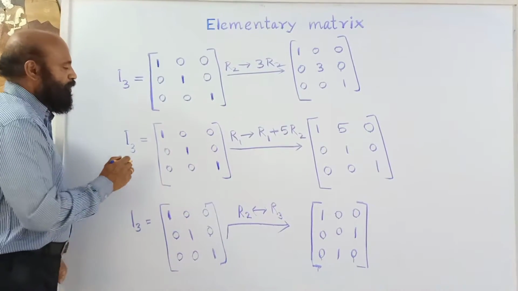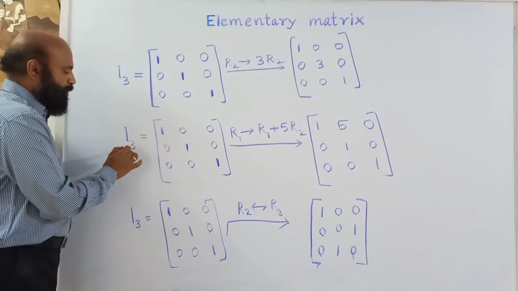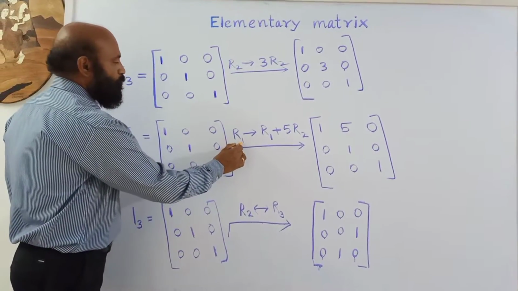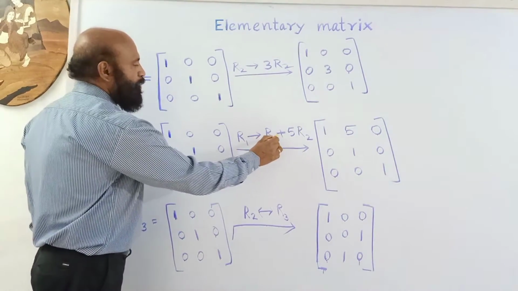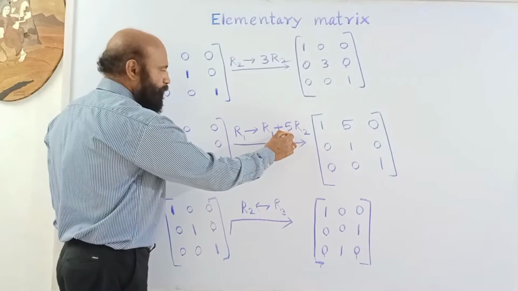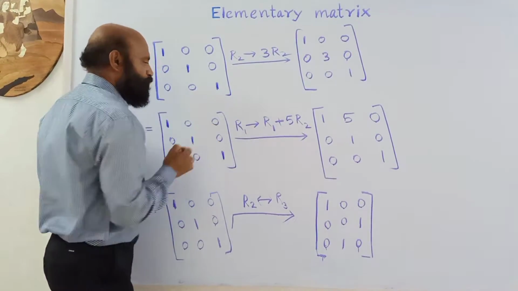Another example. So this is also an identity matrix of order 3. Here the first row is replaced by multiplying the elements of the second row with 5 and adding to the elements of the first row.